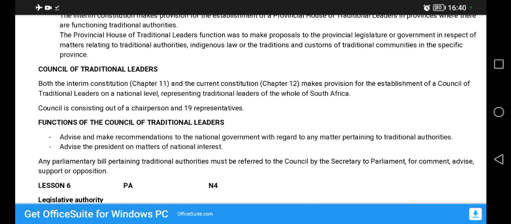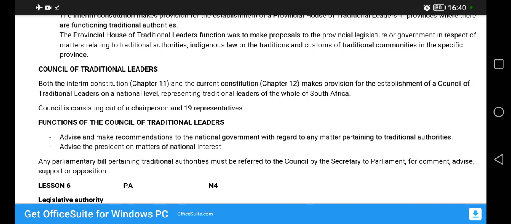Any parliamentary bill pertaining to traditional authorities must be referred to the council by the secretary to parliament for comment, advice, support, or opposition. So what I just read there is exactly what I've said, that the traditional leaders are there to make sure that our customs, our recommendations, our amendments that we want to be done, are going to be recognized where?